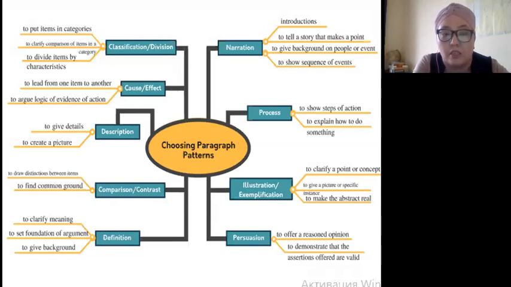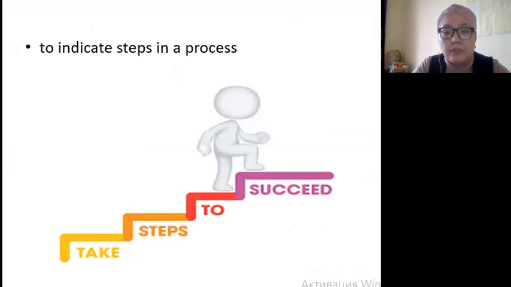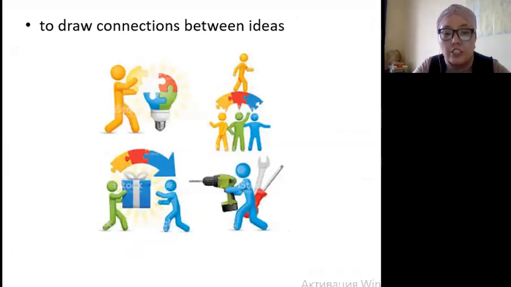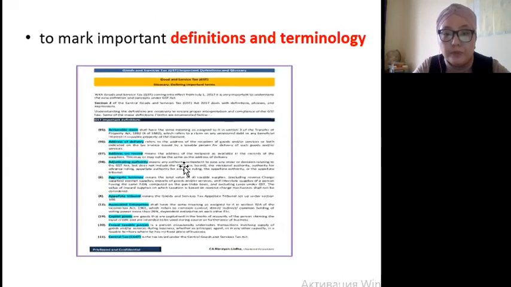Yes, so you're trying to put items in categories, clarify comparison of the items in a category, or divide items by characteristics. It leads from one item to another, or argues logic or evidence of the action. All of these steps are taken to indicate steps in a process, to succeed. To draw connections between ideas, we are trying to find the details which make more sense, right?